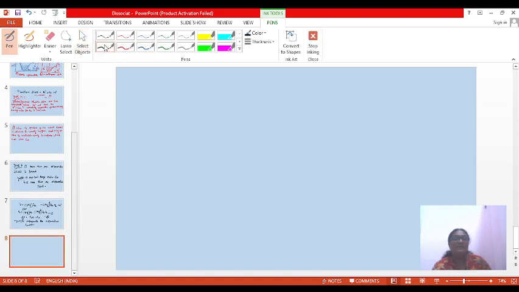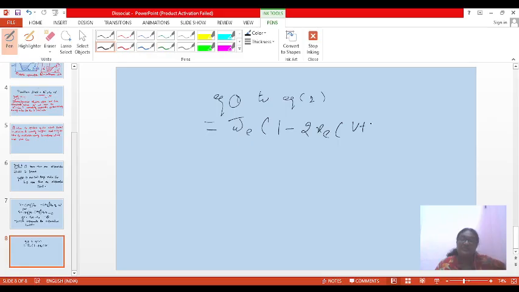Finally, we will put equation number 1 into equation 2 instead of the delta E value, or V max value, this dissociation limit value. Omega E bar minus 1 minus 2 into Xe into V plus 1 centimeter inverse.